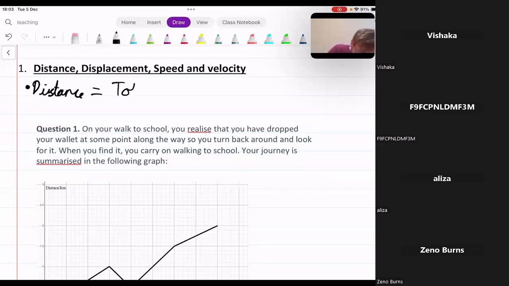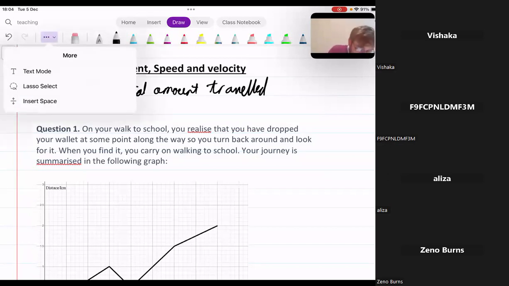Because it's the total amount traveled, you can go forwards, you can go back on yourself, and the direction doesn't matter.